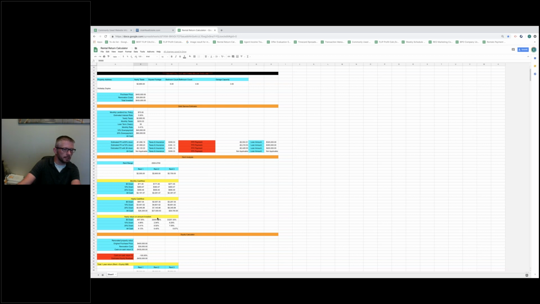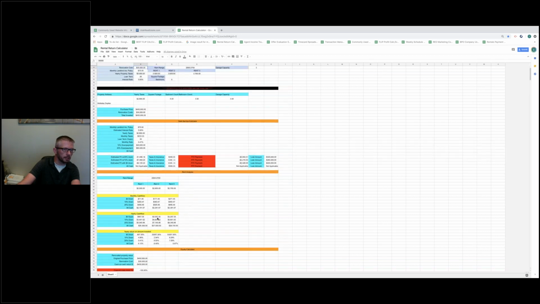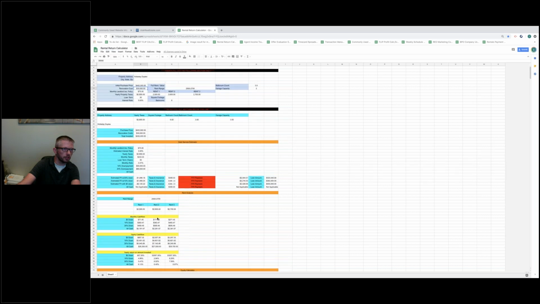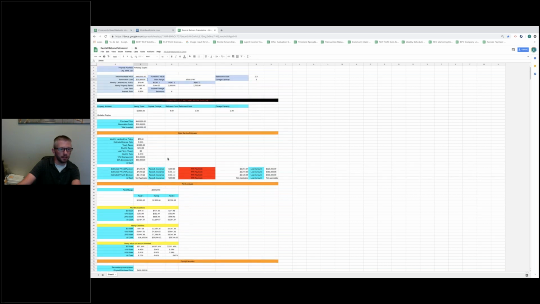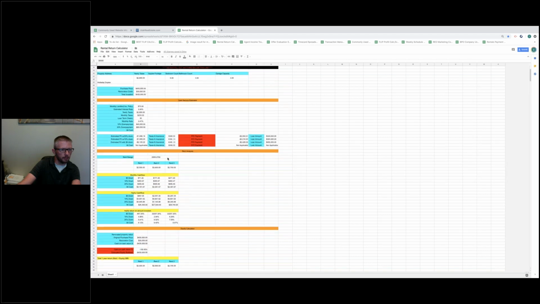The only thing that's missing really are just miscellaneous expenses you'll have for each year. So you'll still need to figure that out, but this will give you a quick and dirty analysis of each property. And we could easily add a field for monthly expenses and do it that way.